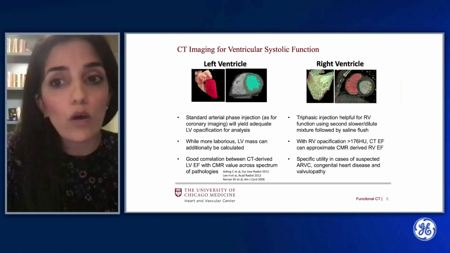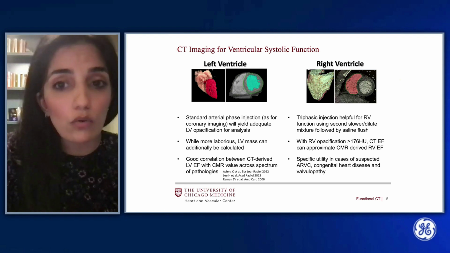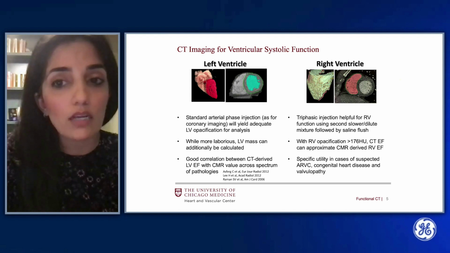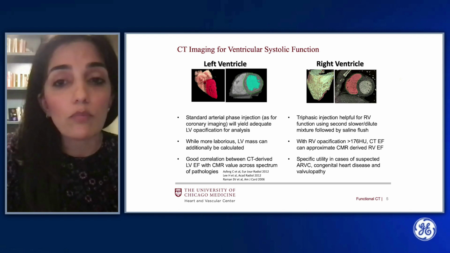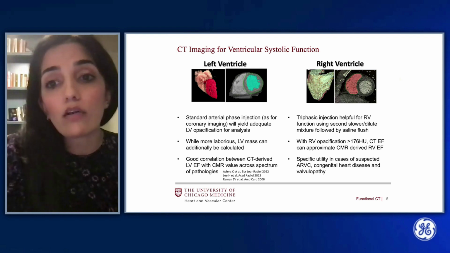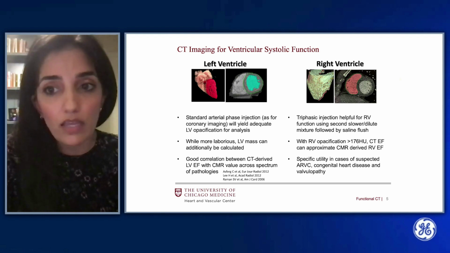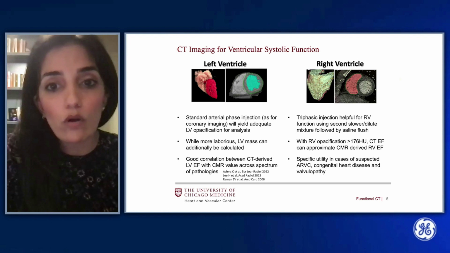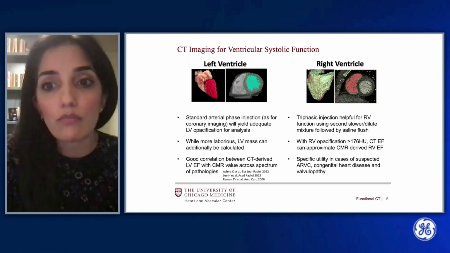Reassuringly, there's already a wide body of data which demonstrates good correlation between CT-derived LV ejection fraction compared to cardiac MRI across a spectrum of pathology, including patients with coronary disease, patients who have undergone heart transplant, valve disease, and patients with cardiomyopathy. With appropriate planning, RV systolic function can also be evaluated, but generally requires dedicated efforts to adequately opacify the chamber.